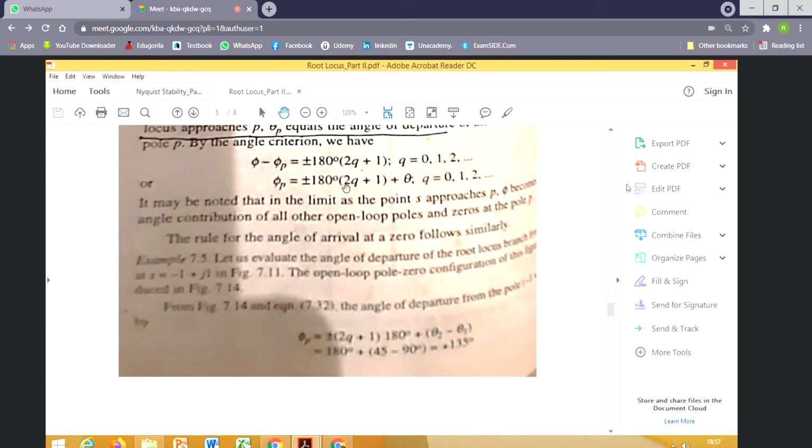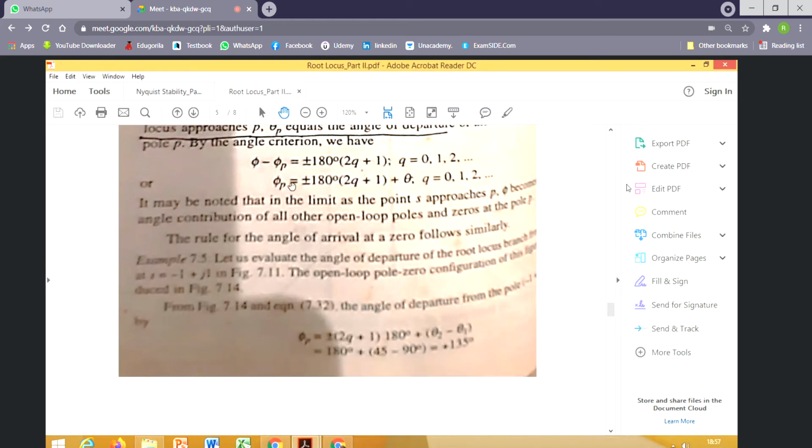So phi p, from this expression after side transposition, we find that phi p is equal to plus minus 180 degree (2q plus 1) plus phi, not theta, this phi. Please write down the correct equation.